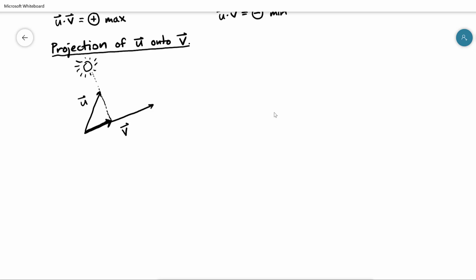That is the vector on v, where v is kind of like the ground, cast by this other vector u. This is the projection of u onto v. So that's kind of the idea.